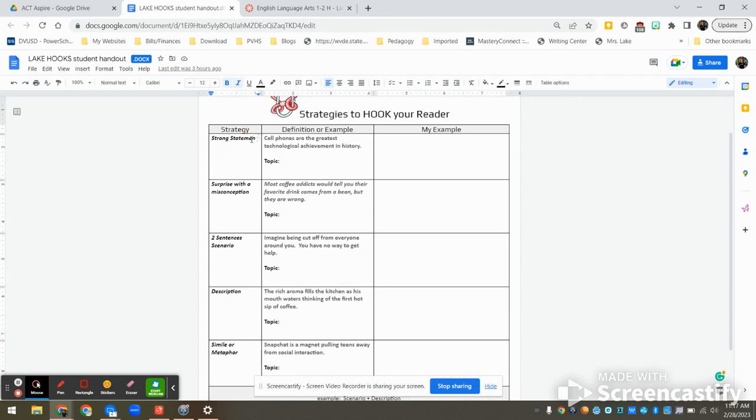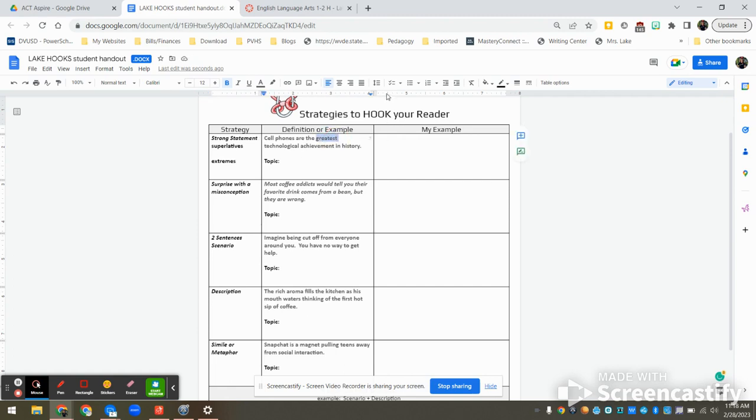On your green paper that you picked up from the back, you will see that strong statements is the first one. Something to note about strong statements is they usually use superlatives and they usually will use extremes. If we take a look at the example here, we have: cell phones are the greatest technological achievement in history.